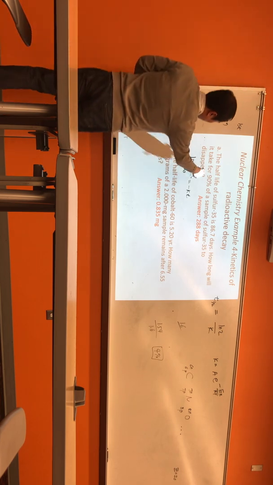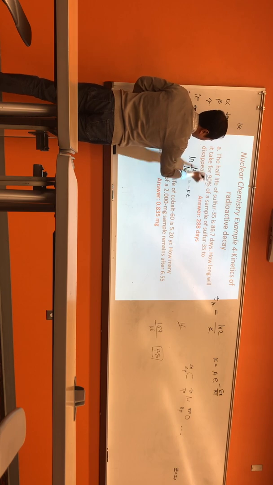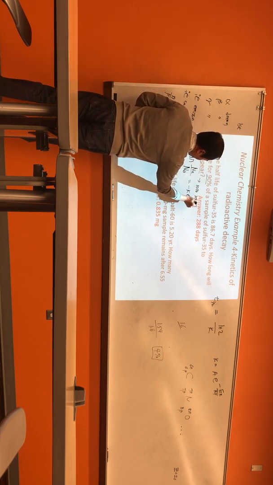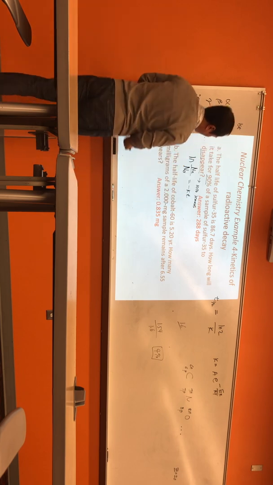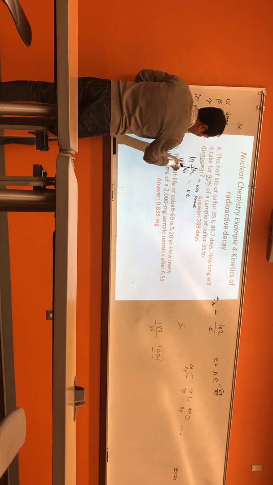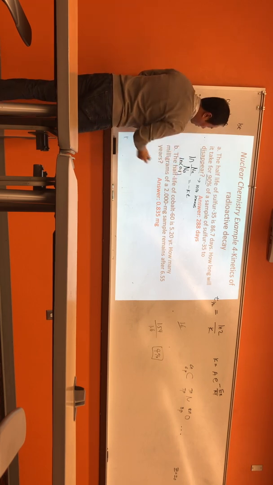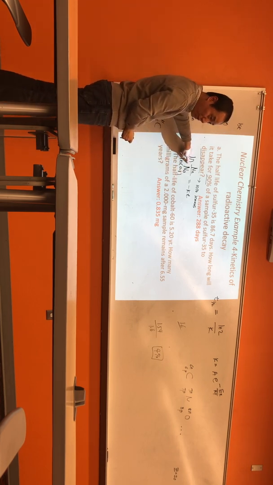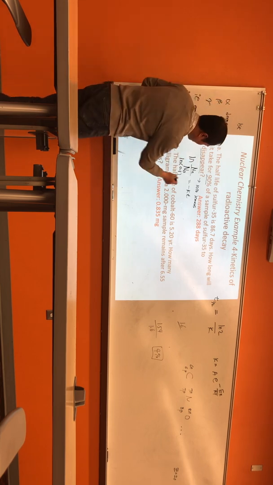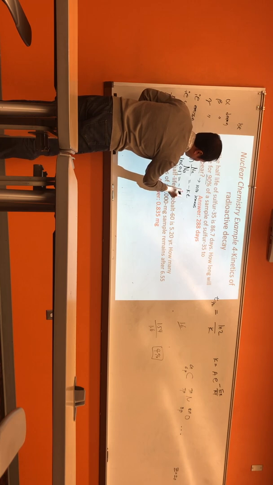If 90% disappears, that means 10% will remain. If 10% will remain, the number here will be 0.1. Why? Because originally you had 100%, now you have only 10% remaining. The ratio is 0.1. I need kt.